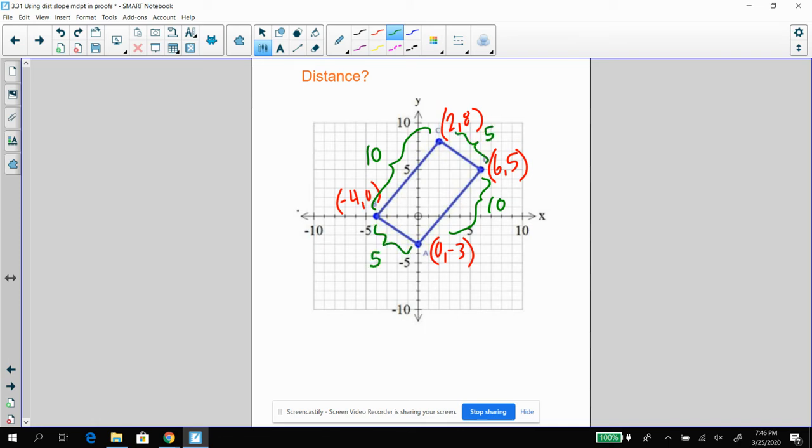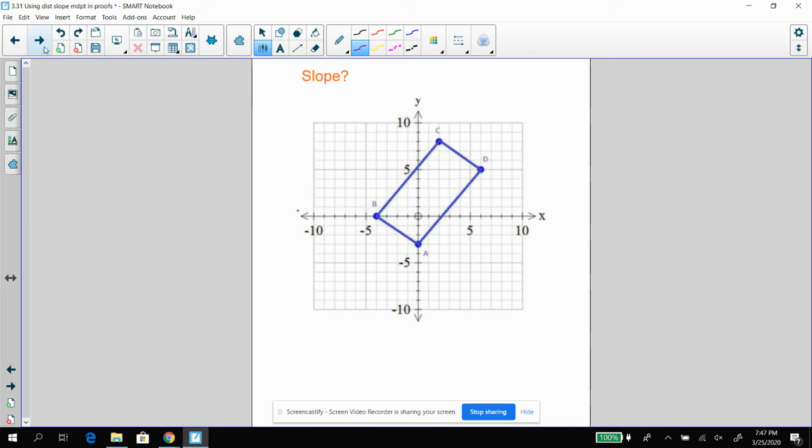I know now that it's a rectangle and not a square, for example, or a rhombus because I've proven that my opposite sides are congruent to each other, but all 4 of them are not congruent to each other, if that makes sense. Another way you can use the distance is with the diagonals. Something really important about a rectangle, remember, is that the diagonals are congruent. So if you did the distance formula again, you would find that the diagonals are also congruent to each other.